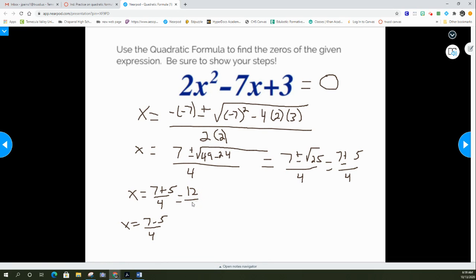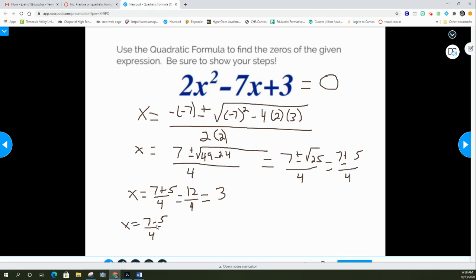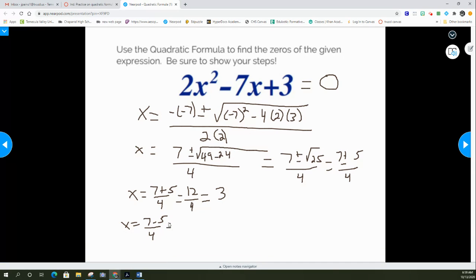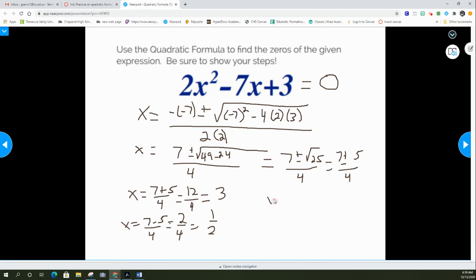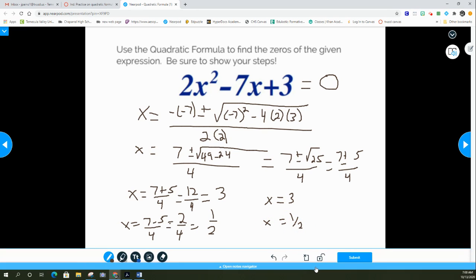So one answer is x equals 3. And 7 minus 5 is 2 over 4, which simplifies to 1/2. We always want to simplify all of our answers. My answers for this problem are x equals 3 and x equals 1/2. So the zeros of the function are 3 and 1/2.